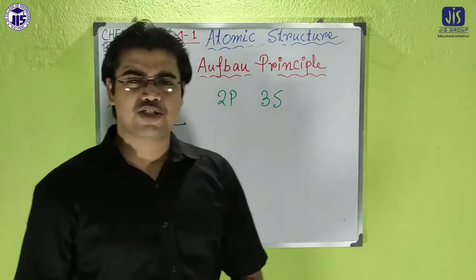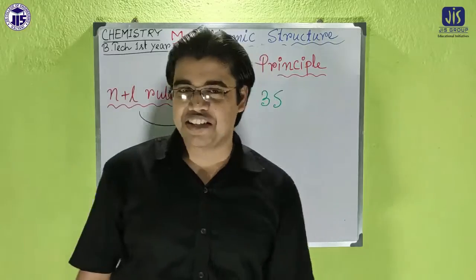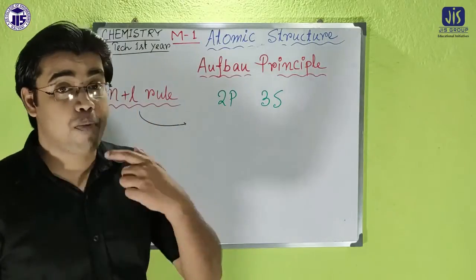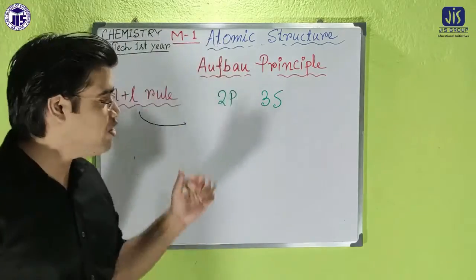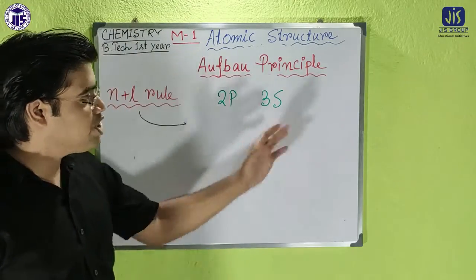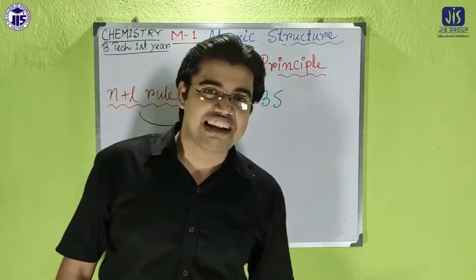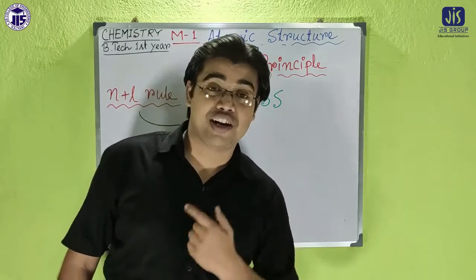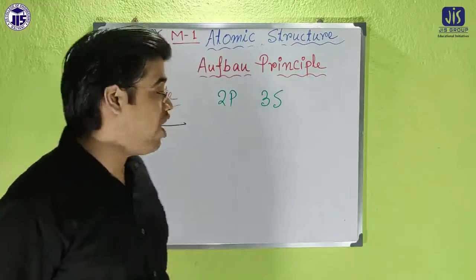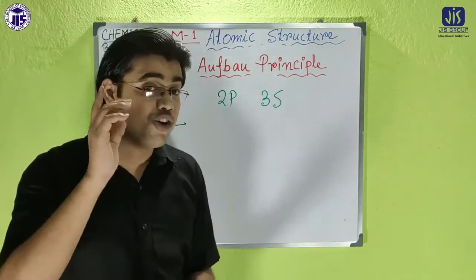Okay, so students, just try it: is it possible to determine from the n plus l value in which subshell the electron will go first, or is it possible to write down the increasing order of energy of 2p and 3s or not?